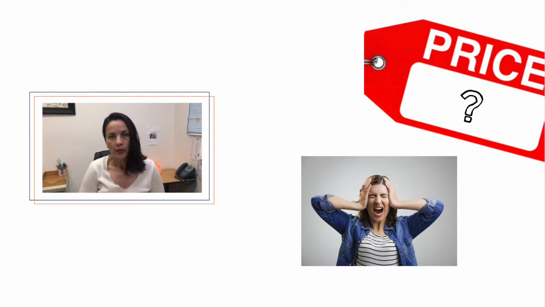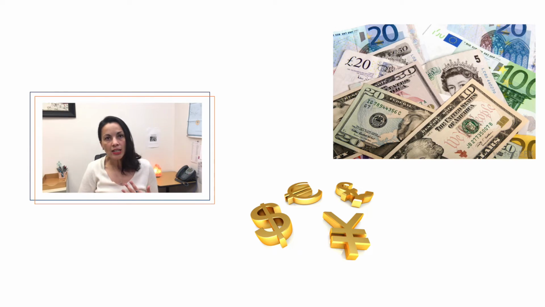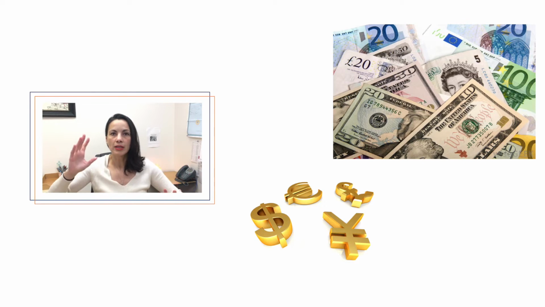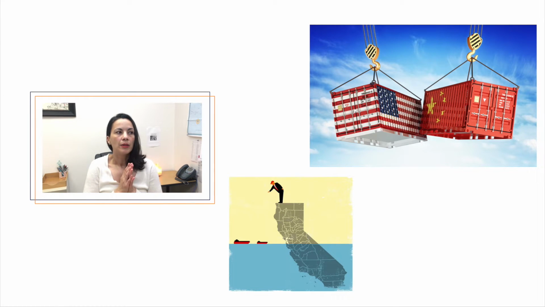So we're going to be taking a look at that and look at the complicated issues that arise from pricing a product or a service that is going to be offered in another country. Some of these issues include currency changes, devaluations, the currency exchange. When you have one currency have more power than another one, and when it goes the opposite direction, losing your profit due to that.